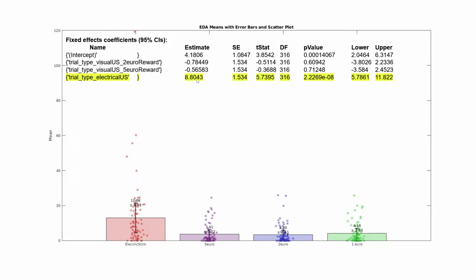And we can say that when the €1 is taken as a reference value, there was no difference between 1, 2, and €5, but the electrical US caused higher EDA growth, by 8.8 microsiemens.